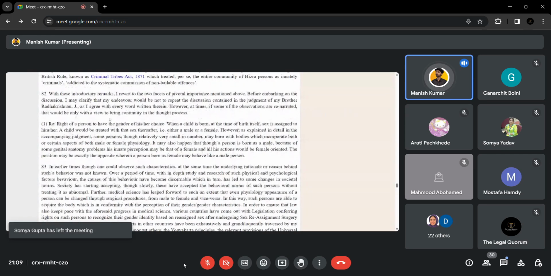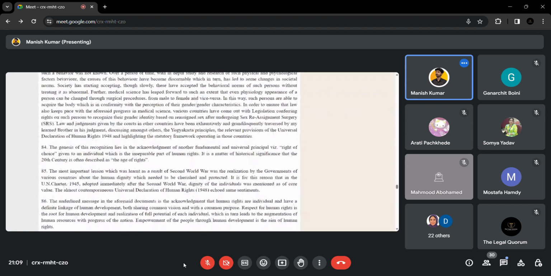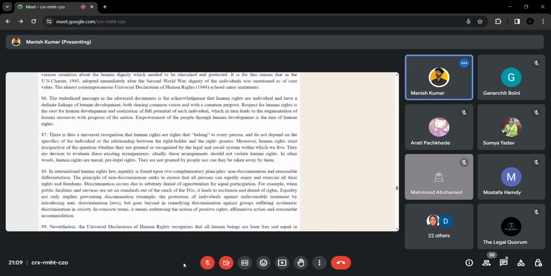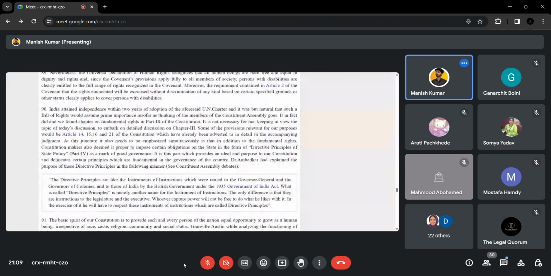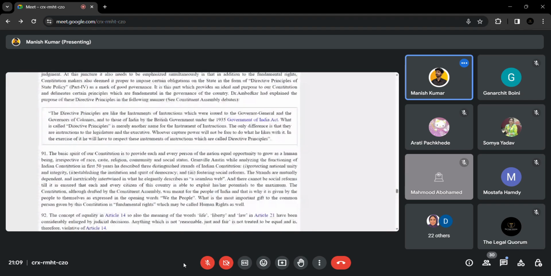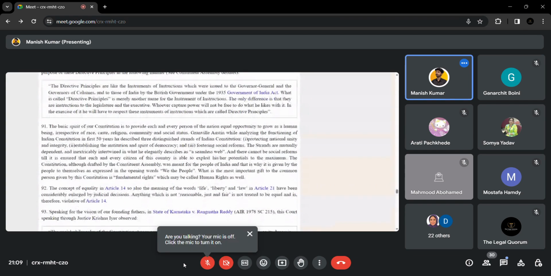This is nothing but the analysis of the precedent that has been set by the court. These are all the court's rationale.